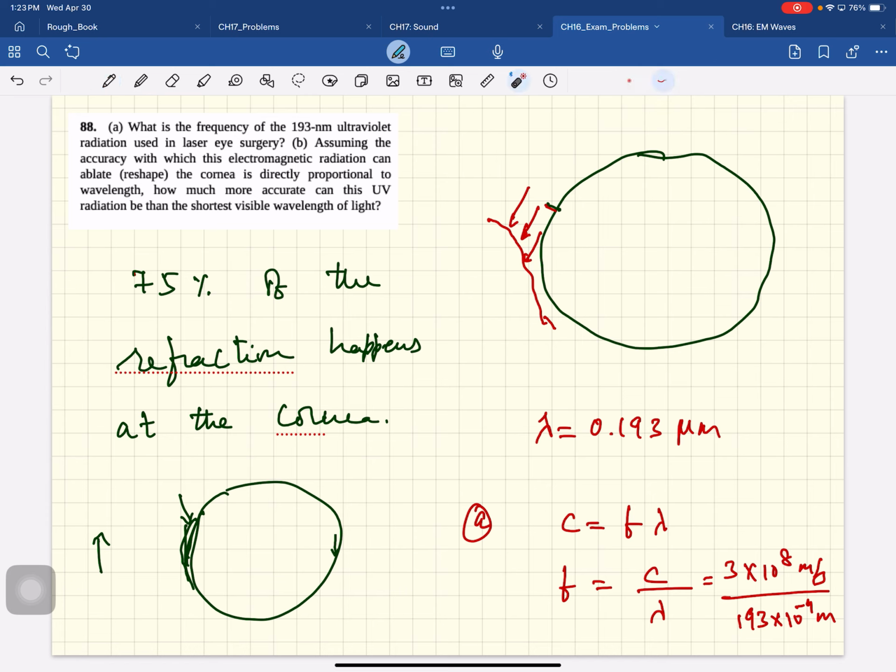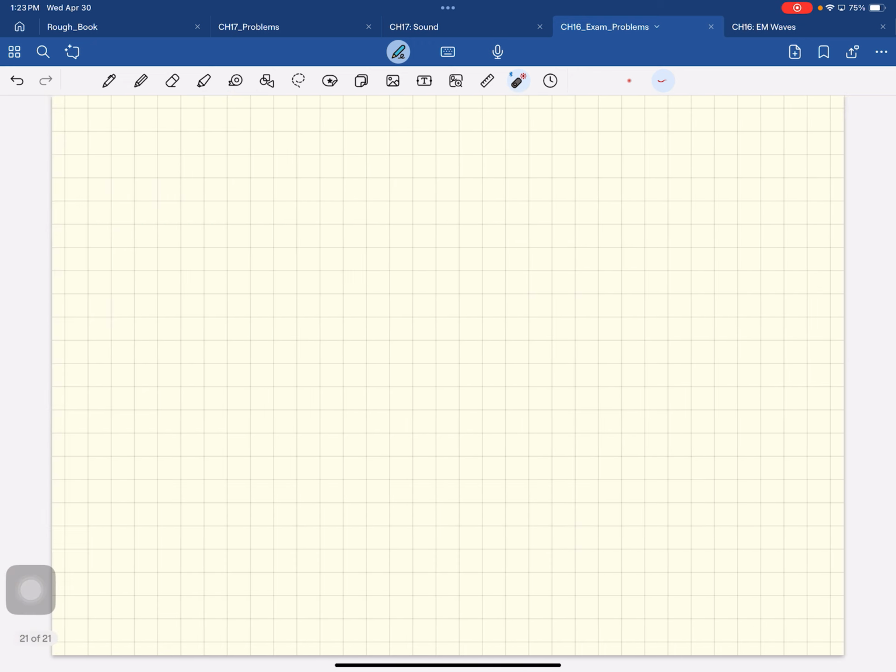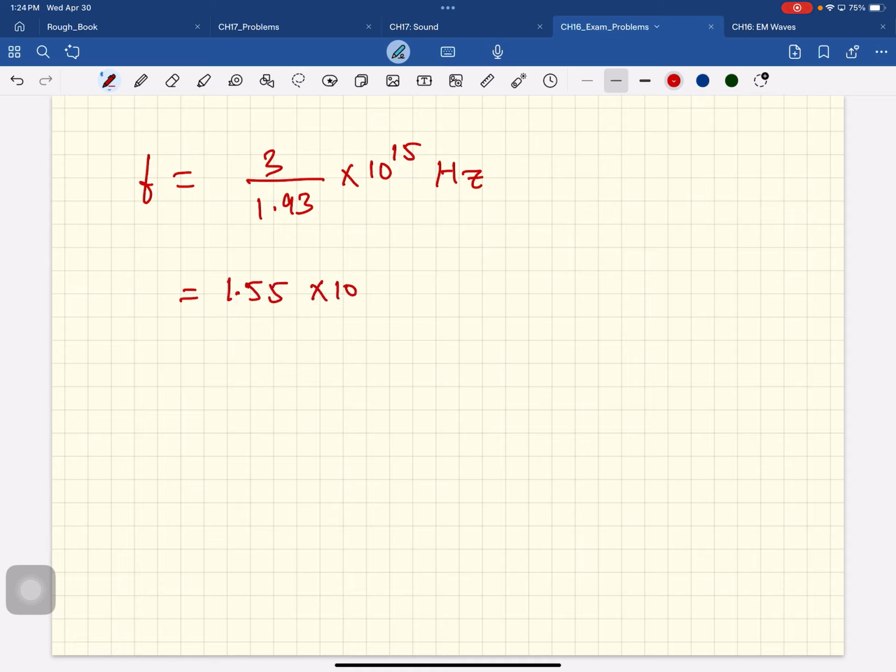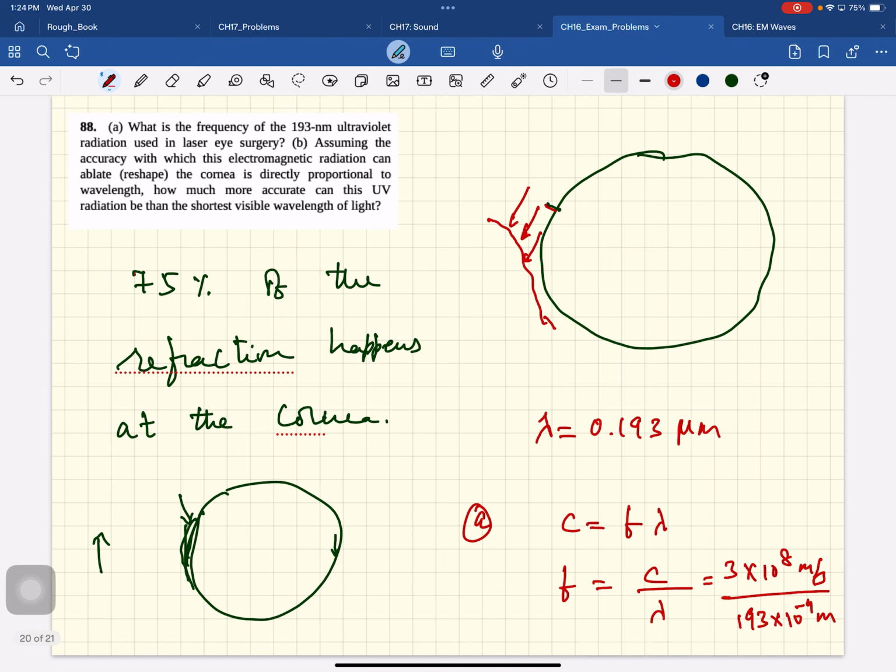So the frequency is 1.93 times 10 to the 15 hertz. That's the frequency of the laser that is used.